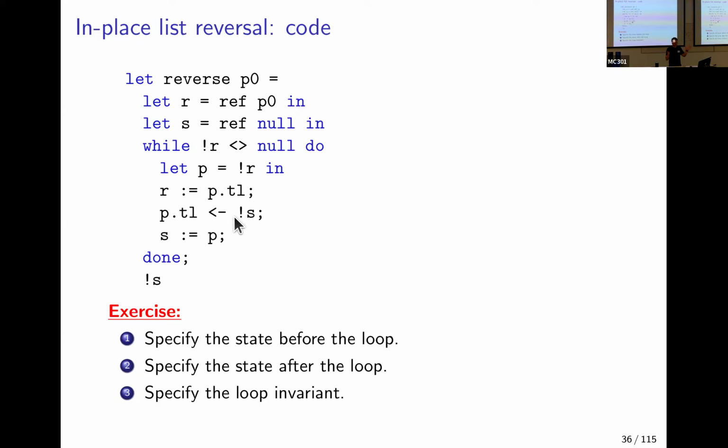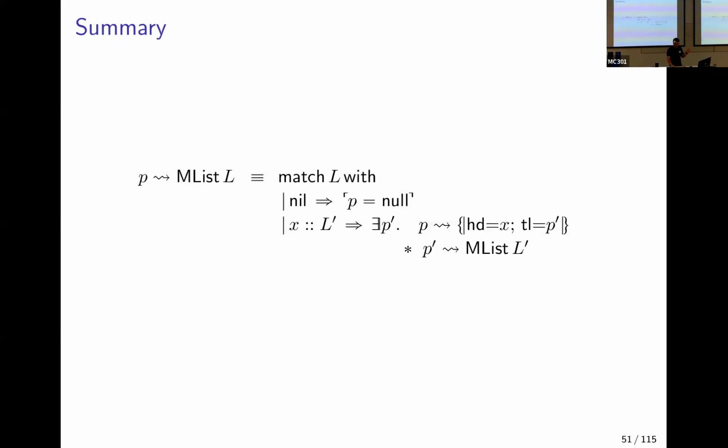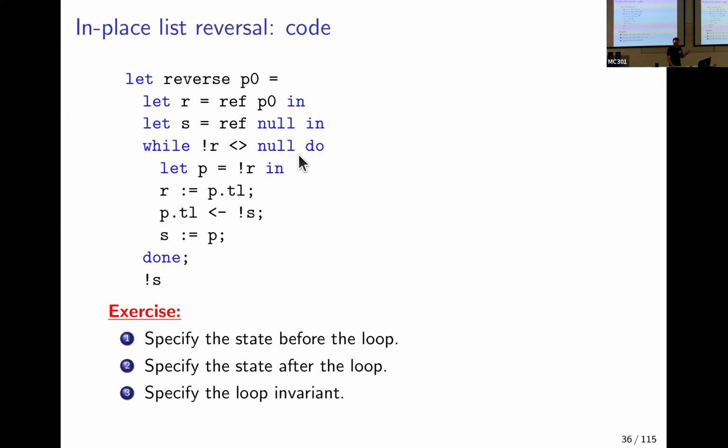If you imagine something like this, never mind, I don't have a picture. Actually, we don't really need a picture. We could just try to see what we need to prove this. But the idea is that you have a bunch of cells pointing like that, and every time you get to a cell, you put the pointer to the next cell onto the previous cell, and you move all of the pointers back to the beginning.